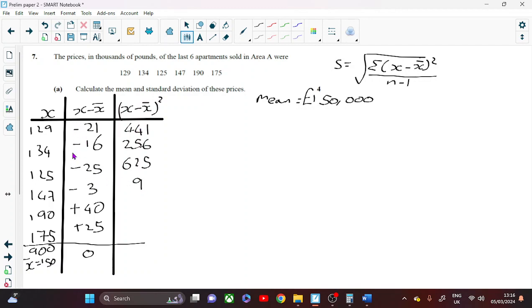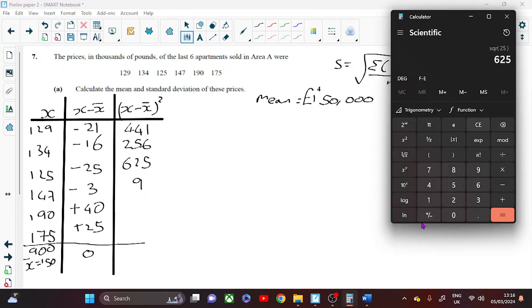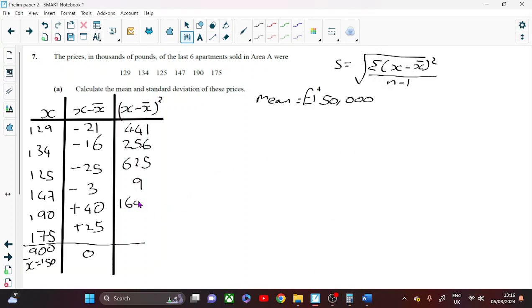Remember, when you square a number, you lose the negative sign attached to it. So don't worry about trying to get your calculator to recognize that. 40 squared is 1600. And 25 squared again is 625.